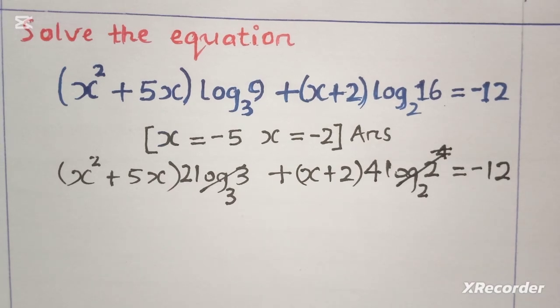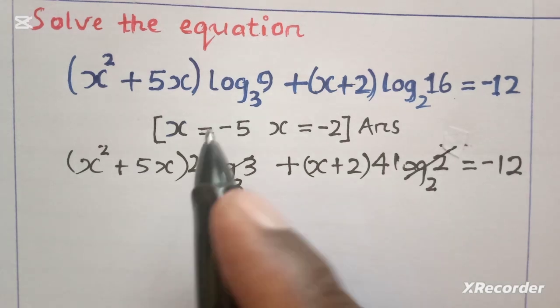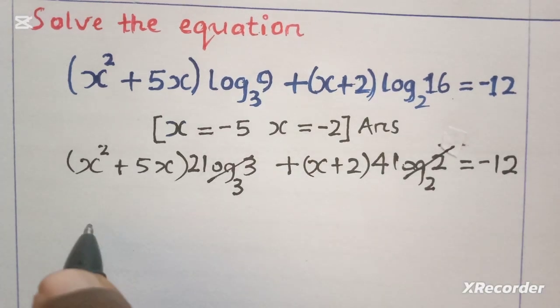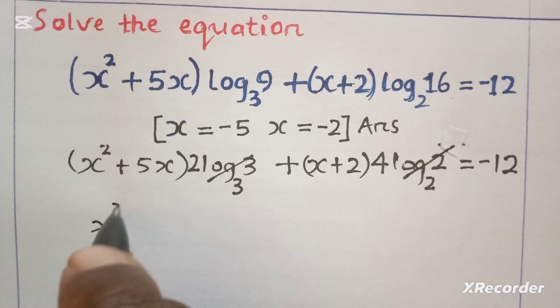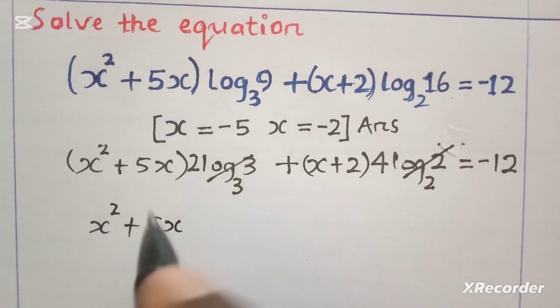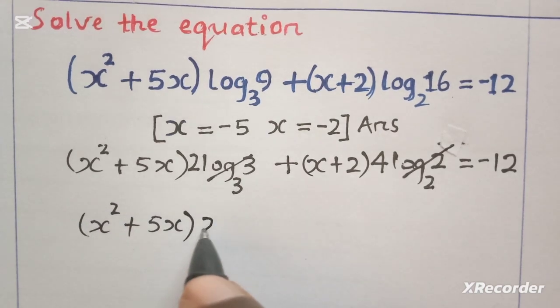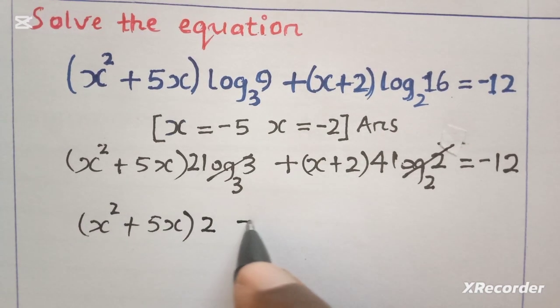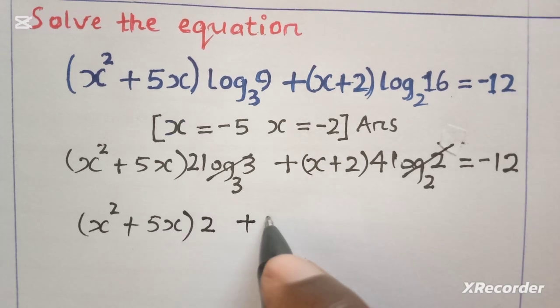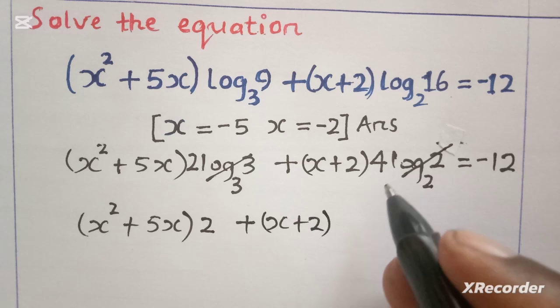So guys, now we continue from there, so that now we have x squared plus 5x like that. We also have our 2 there plus x plus 2, and again now we have 4 here.